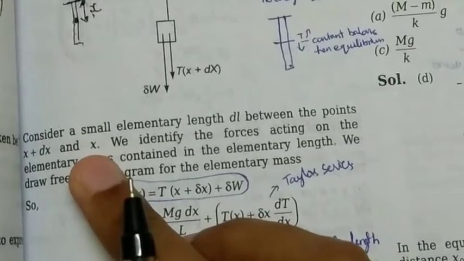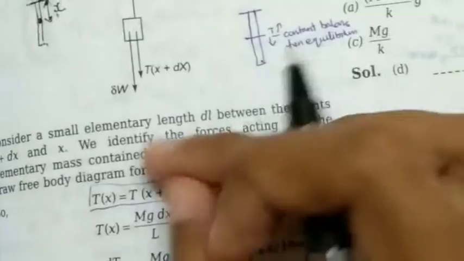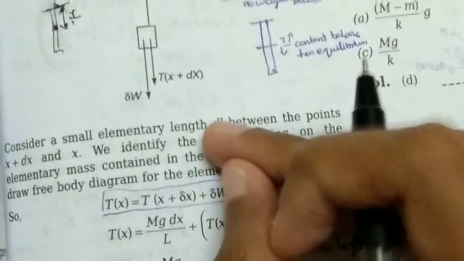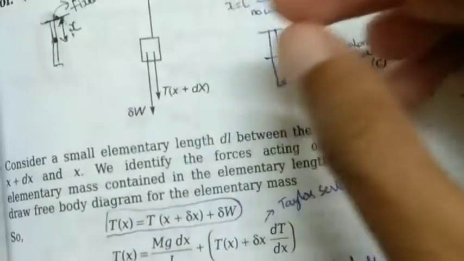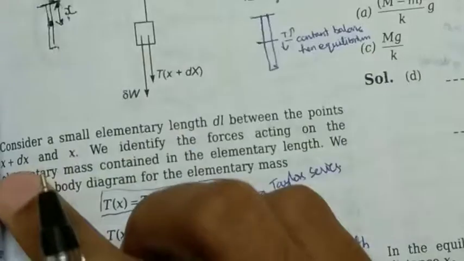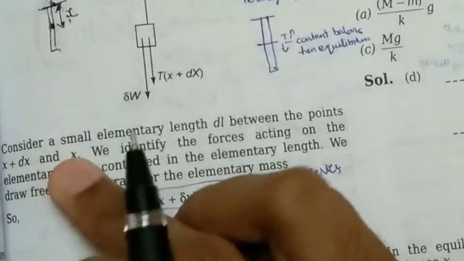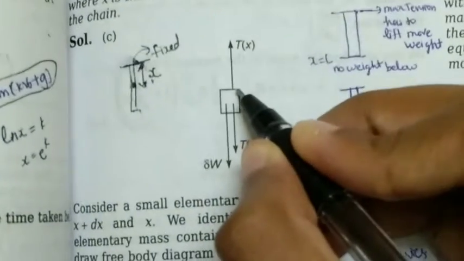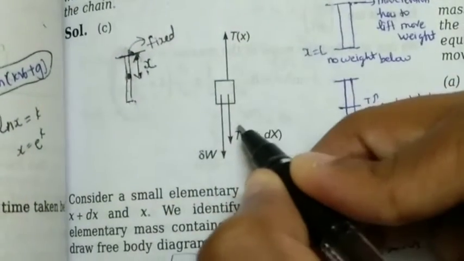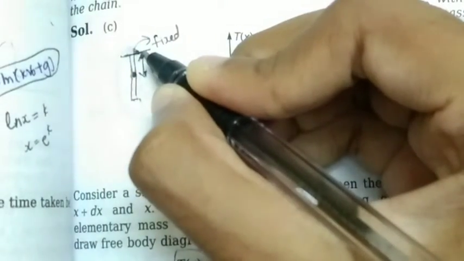So what we need to consider is shown in this diagram. We need to consider an elementary length dl, a small length between the points x plus dx and x. So this is point x and this is point x plus dx. Here length goes on increasing from the fixed point to this end.